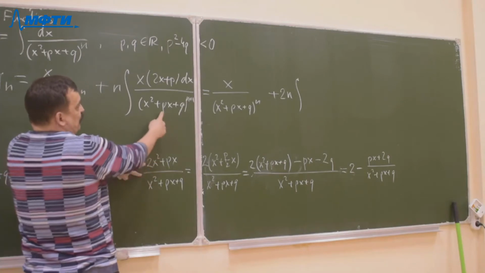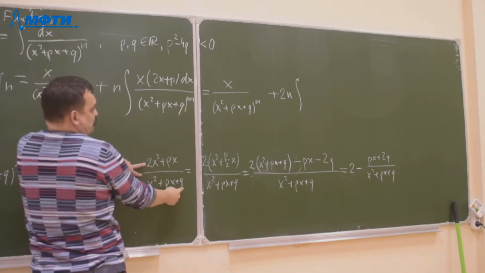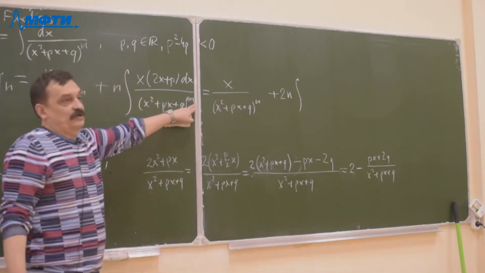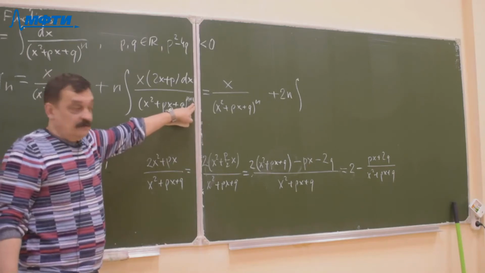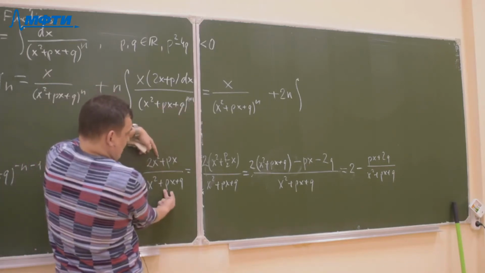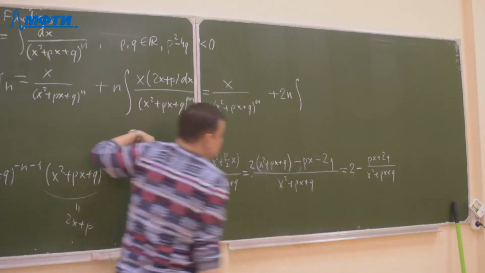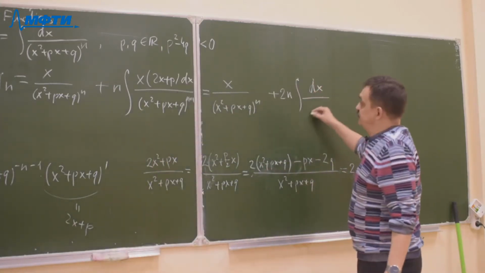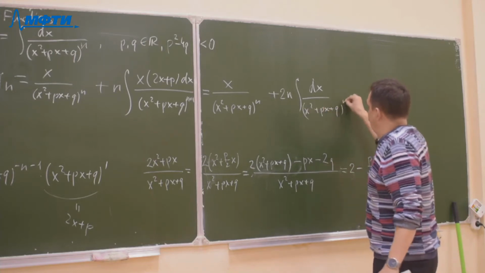Roughly speaking, we cancel one multiplier x squared plus px plus q here, so we have n plus 1 multipliers, and we cancel one of them with 2x squared plus px. We obtain 2, so it gives the first term with (x squared plus px plus q) to the power n.